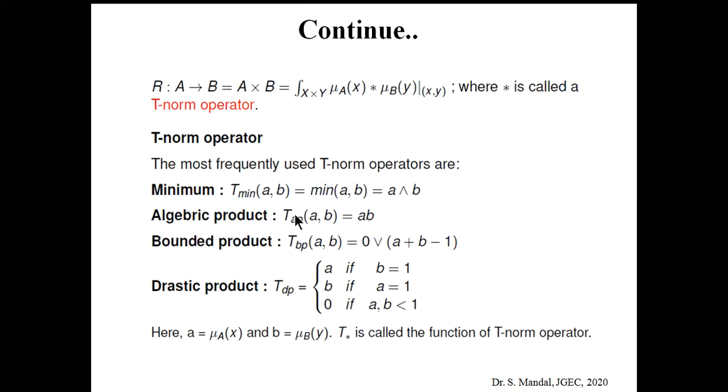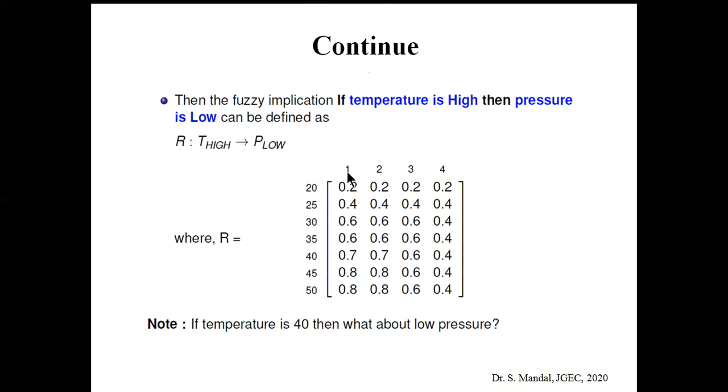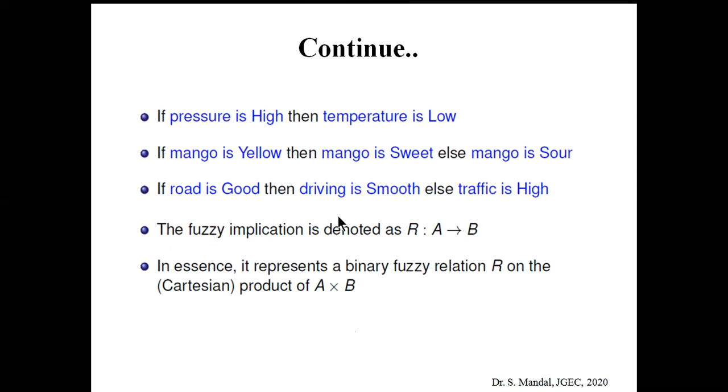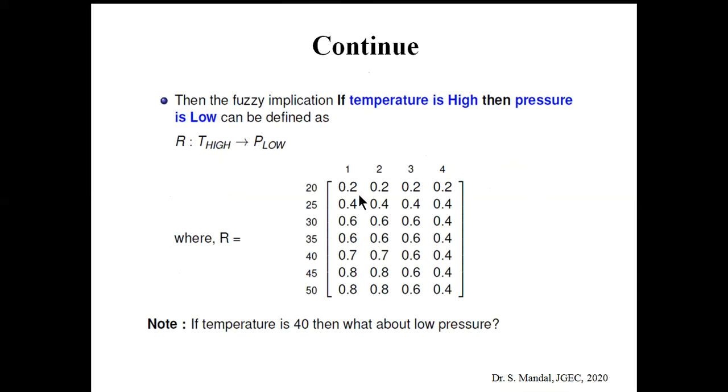So just simply plot the corresponding elements 1 2 3 4 of pressure low, and those elements that exist in high temperature like 25 24 30 35 40 45 50. As the first 10 and 15 are not mentioned here, we don't need to bother about them in the Cartesian product. So like this.